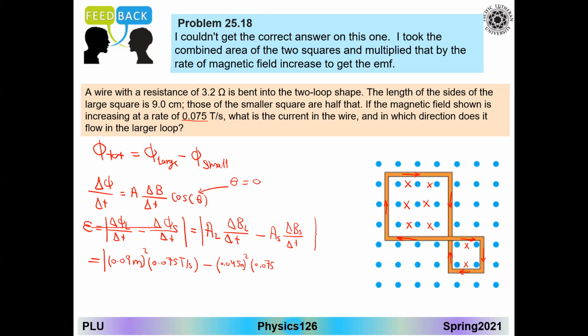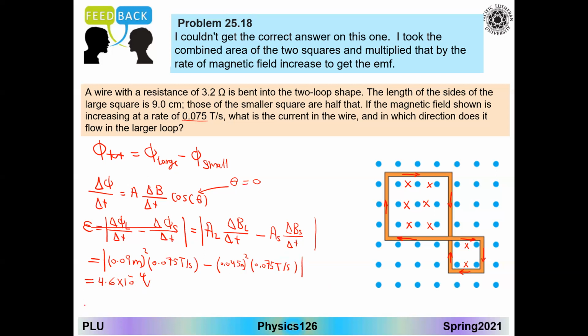That's why I don't consider it in my equation here. Let me write down the unit. According to my calculations, it will be 4.6 times 10 to the minus 4, and the unit will be volts.